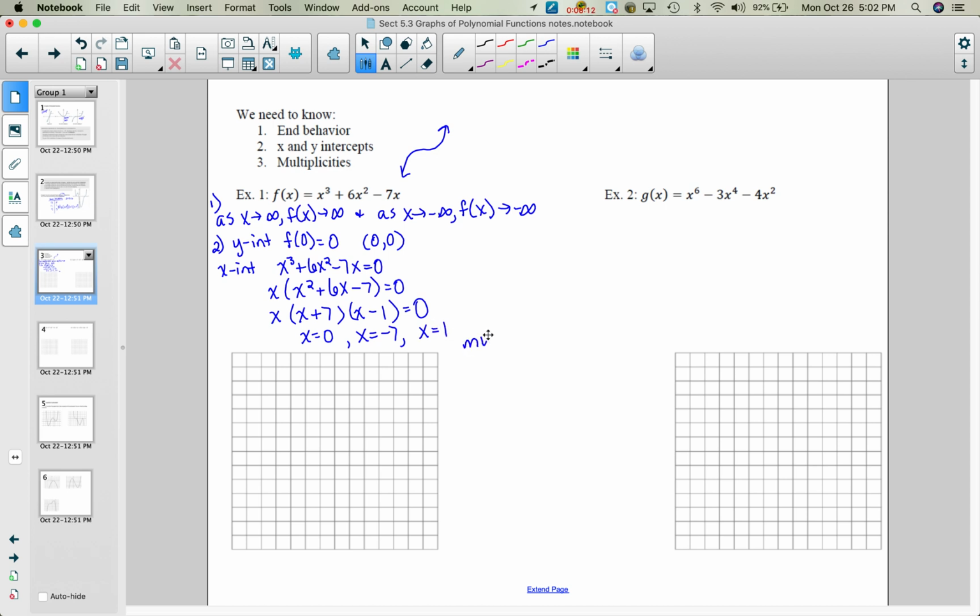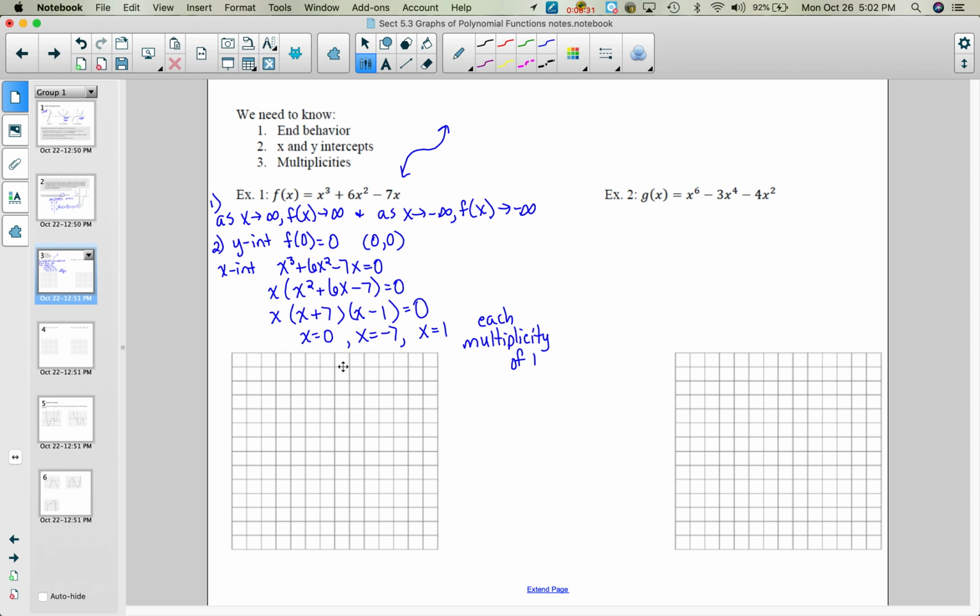And our multiplicities are each a multiplicity of 1. Okay, notice we have a third degree. We have 3 zeros. Each of them has a multiplicity of 1. When you add up the multiplicities, you get the degree of the polynomial.